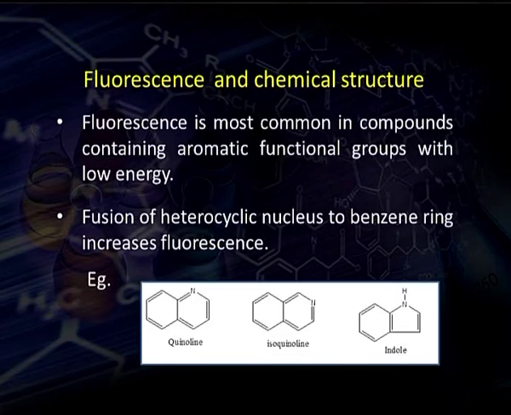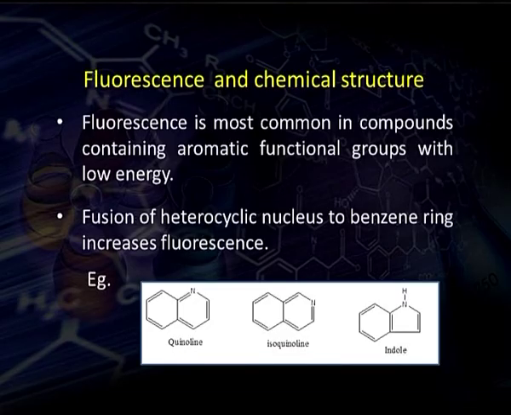Only the molecules capable of absorbing UV or visible radiation can show the phenomenon of fluorescence. The greater the absorbance of a molecule, the more intense is its luminescence. Hence, molecules with conjugated double bonds or with pi bonds can be studied using fluorescence, because in these cases the absorbance is more and intense luminescence is obtained.